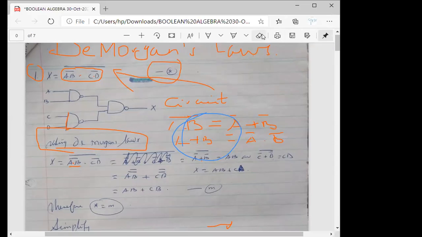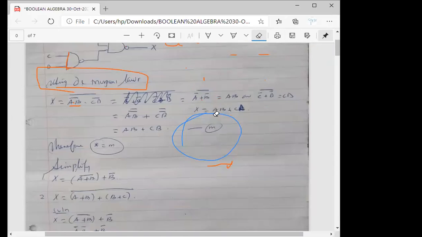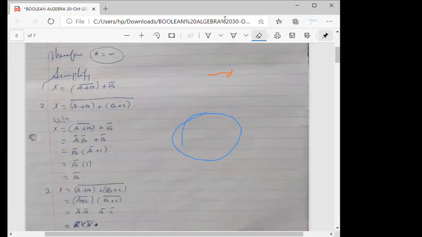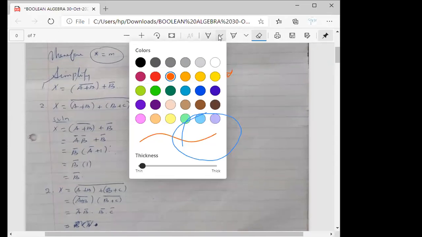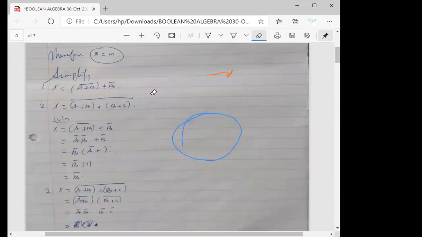How do I erase this one? Sule, are you there? Yes, Mwalimu. There's something that has come on the screen here, which I don't see how it came. These things are becoming interesting nowadays. I think let me remove this one, then I share again.